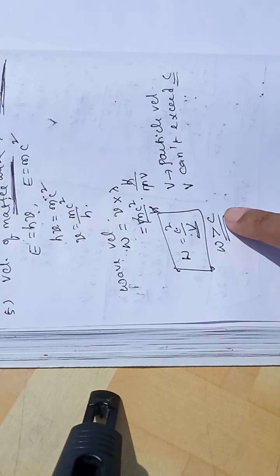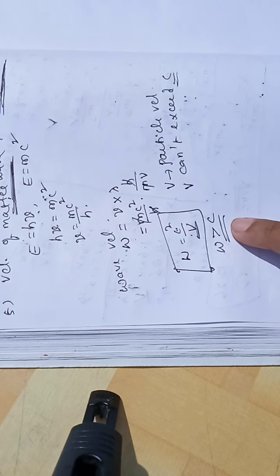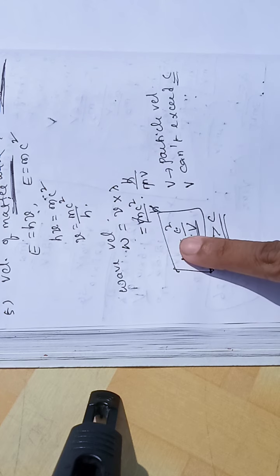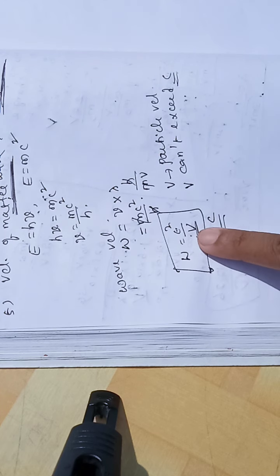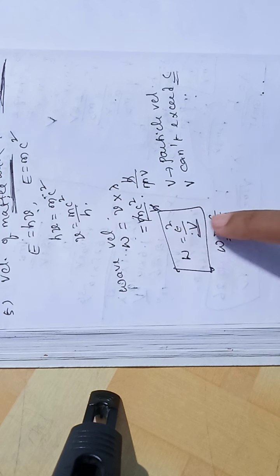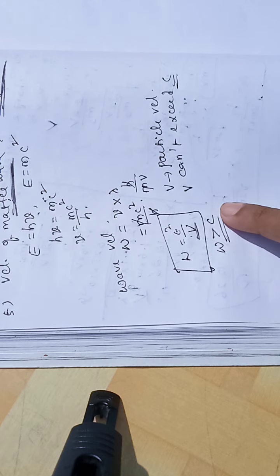So W will be greater than c. That is, the velocity of matter wave will be greater than the velocity of light. Clear?